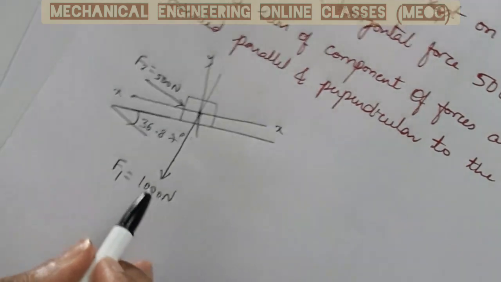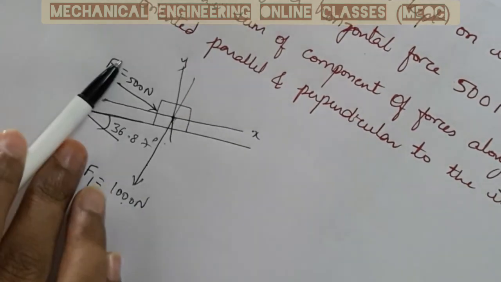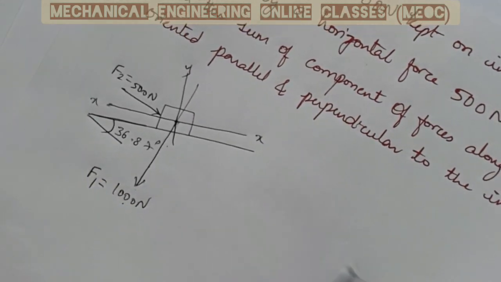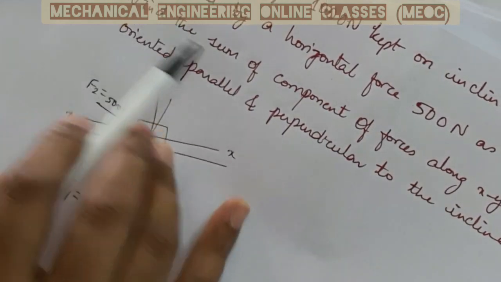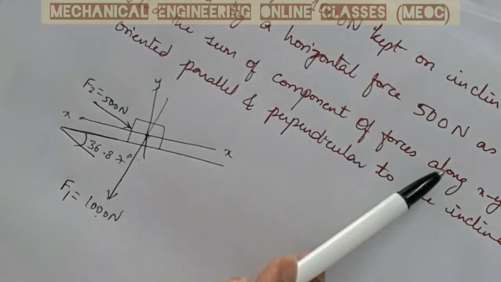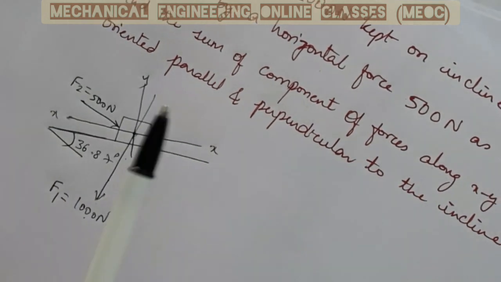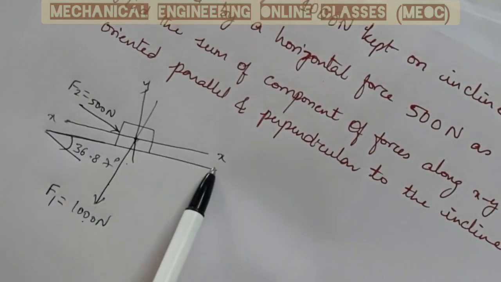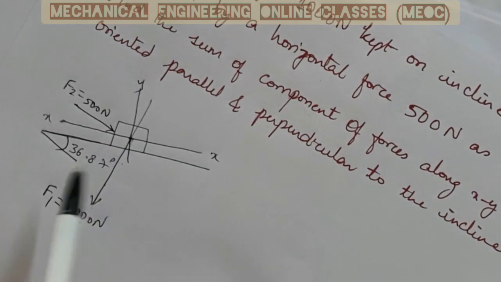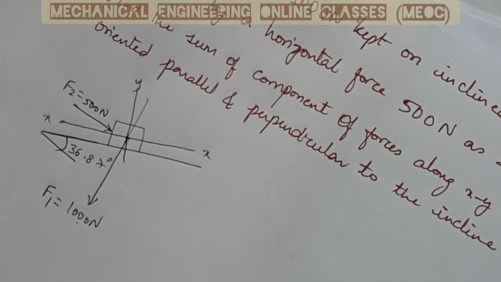Now if I am to split F1 and F2, along what should I split? Because the question is clearly saying that we have to find the sum of components of forces along the xy axis, which means we have to find the sum of forces parallel to the incline and perpendicular to the incline. We are not supposed to add parallel plus perpendicular.